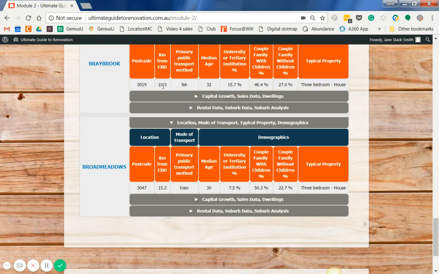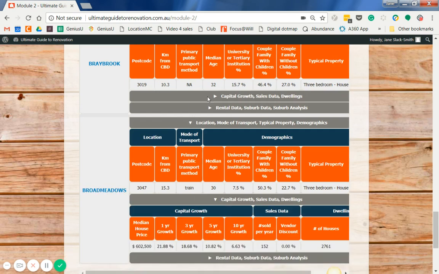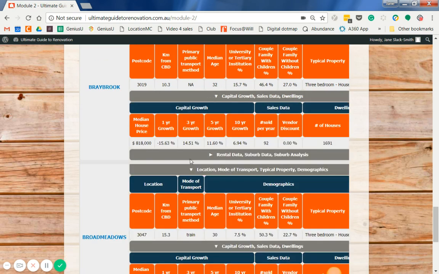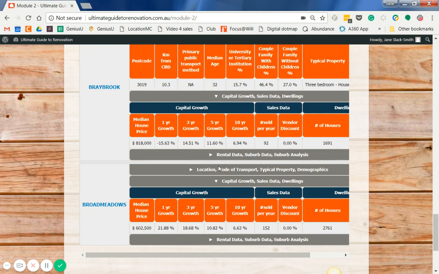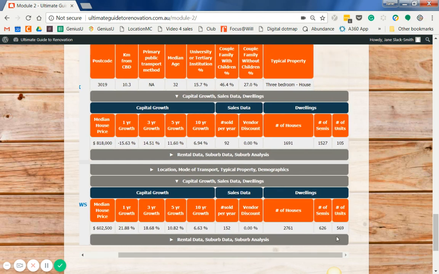We've also got an idea here about the primary means of transport, the distance to town, and when we start looking at some of the sale data as well, we can actually start looking at how one suburb compares to the other. So what the growth has been in the last 1, 3, 5 and 10 years, and the number of properties that have been sold, bit of vendor discounting, and the number of types of properties as well.